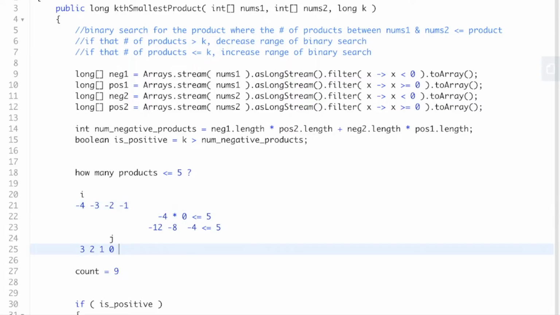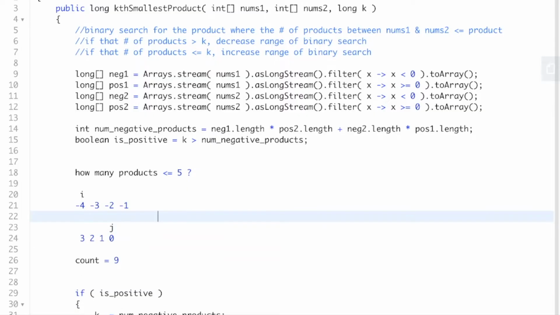And then for the positive, I guess we have to talk about one more thing. Actually really quick. So if K is in our negative products, then I'm just going to reverse the positive arrays so that we can calculate it this way. And if K is in the positive products, well, the only other way to get positive numbers is when we multiply, let's say we had -3, -2, -1.